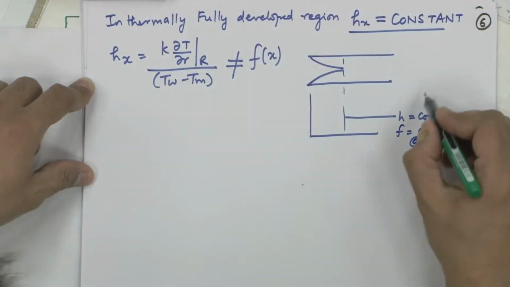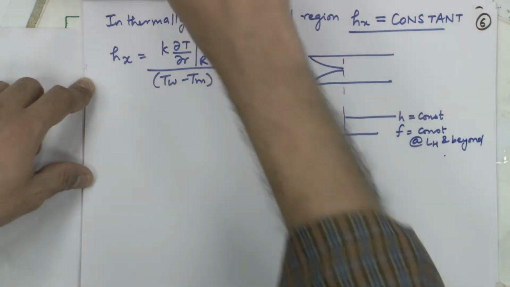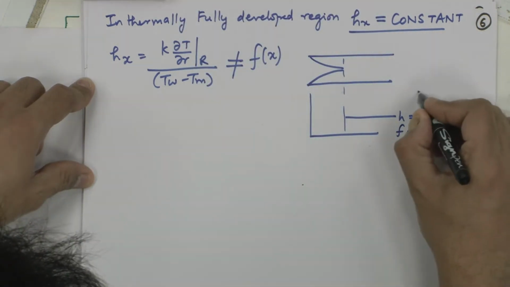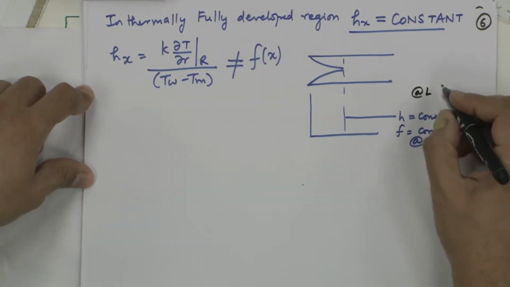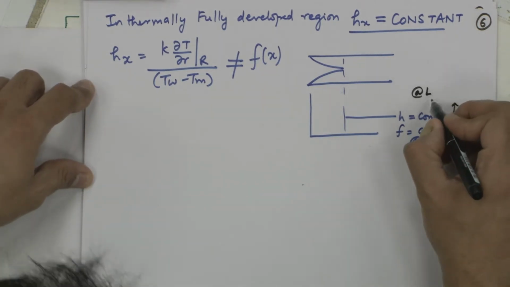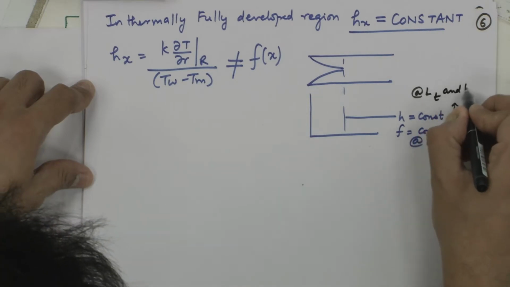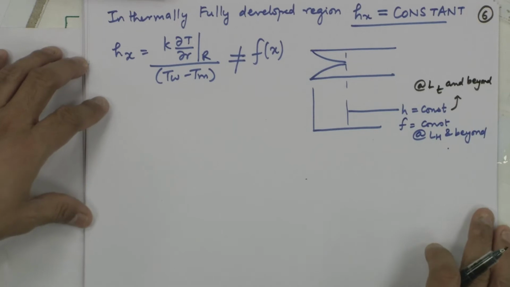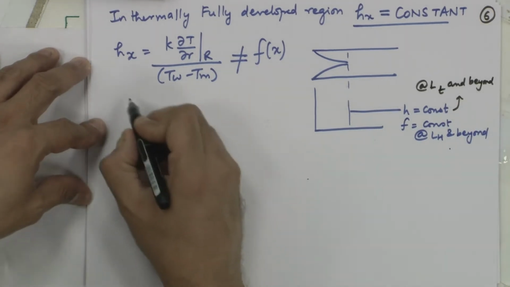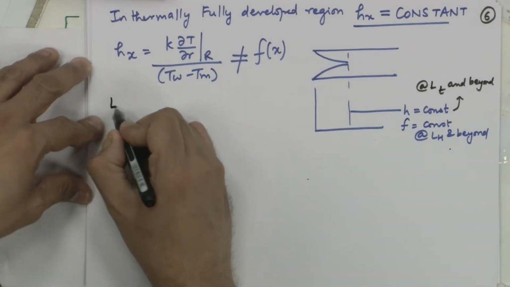Hydrodynamic entrance length, heat transfer coefficient is constant at L, what do you call this, thermal entrance length LT and beyond. Okay. Please remember now, there are a couple of expressions which you can write.